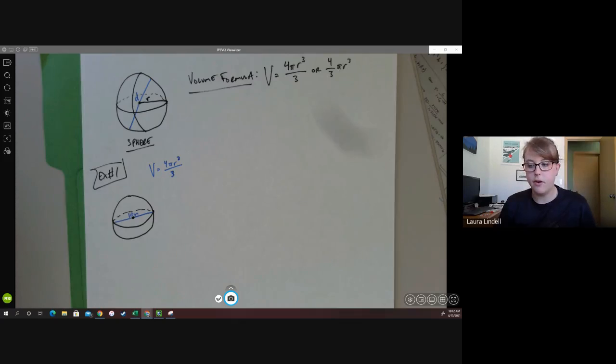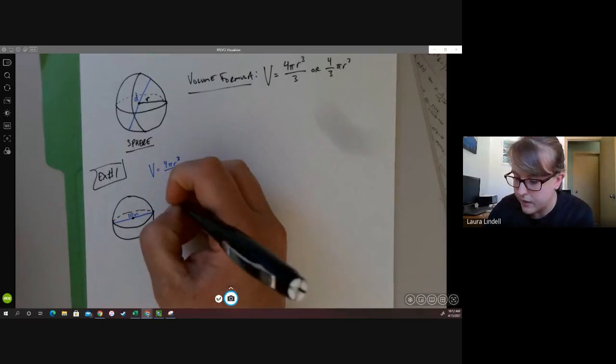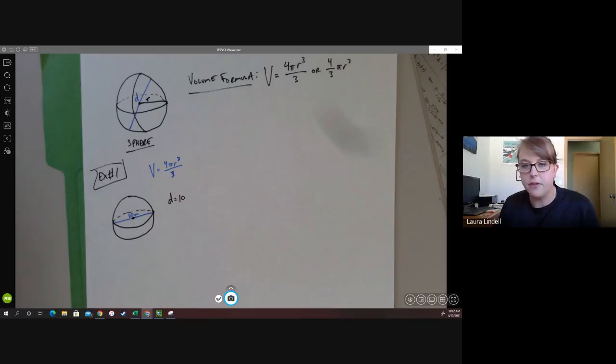All right, so on this one, we are given the diameter, which is 10. So what would the radius be if the diameter is 10?